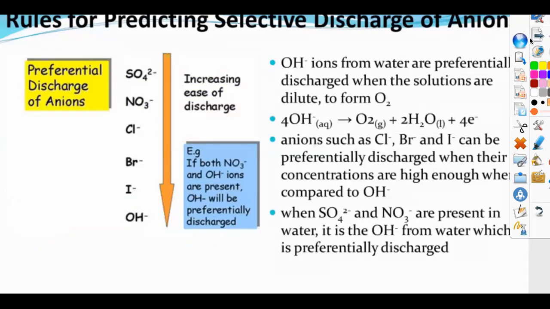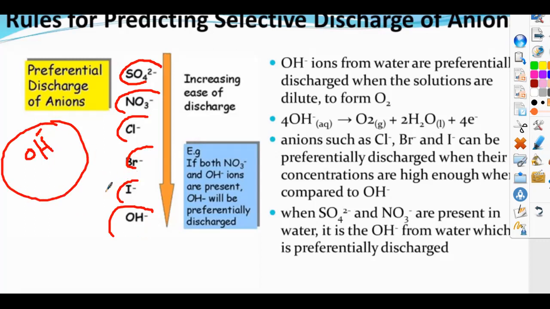And for the negatively charged particles, we have sulfate, nitrate, chlorine, bromine, iodine, and hydroxide. From up to down, the ability of discharging at the anode increases. So the OH is the best one to oxidize at the anode, and the iodine is the following, and bromine, and so on.